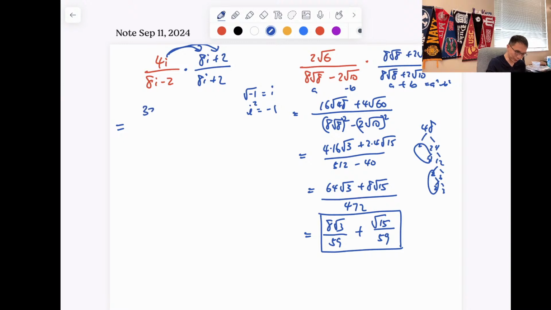So it'll be 32 i squared plus 8i, all over, on the bottom, 8i squared minus 2 squared. So it'll be 32, now I'm going to put a negative 1 here, plus 8i, all over 64 times negative 1 and minus 4.